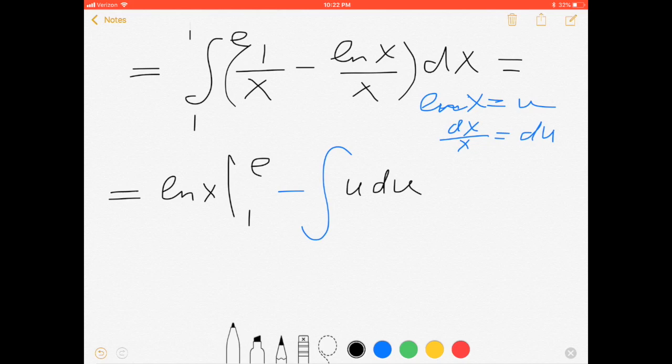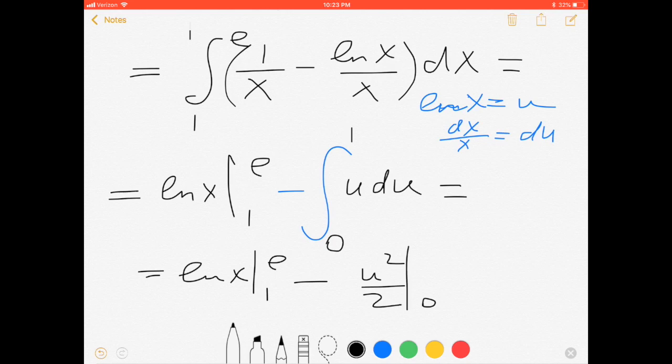What happens if x is equal to 1? u is equal to 0, because natural log of 1 is 0. What happens if x is equal to e? Natural log of e is 1. I write one more time: u squared over 2 from 0 to 1.